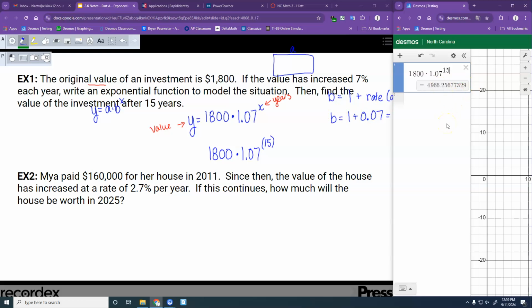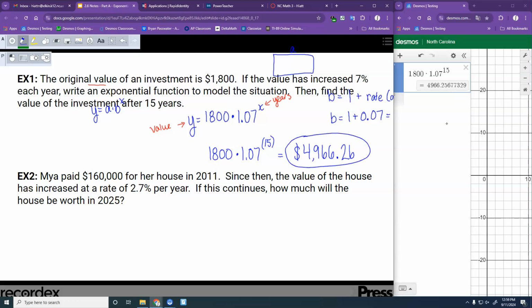It is going to give us 4966.26. Normally we round to 3 decimal places, but this is money, so it makes sense to round to 2 decimal places here. So after 15 years, if you could get this rate, which is a very good rate, you would have almost $5,000 here in your account.